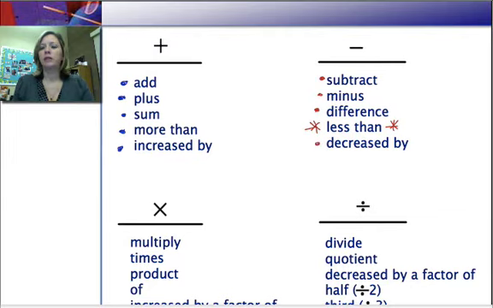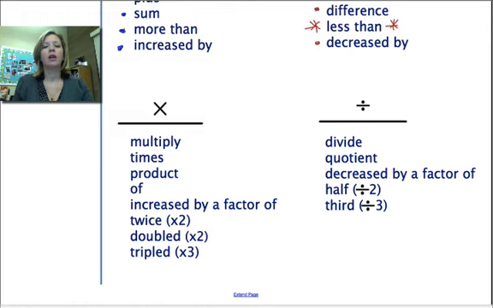All right, let's look at multiplication and division. To multiply, obviously, we have multiply. We have times. Those are 2 of the obvious ones. Of course, product means multiply, the product of 2 numbers. And let's put a little star by of. Of almost always means multiply in a written statement.